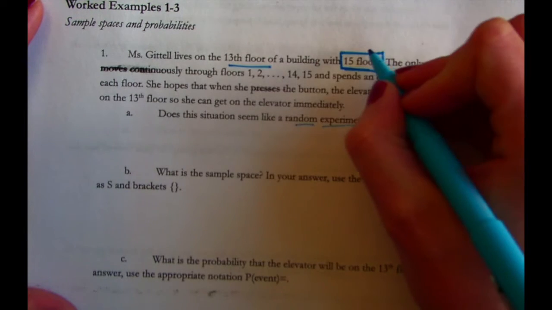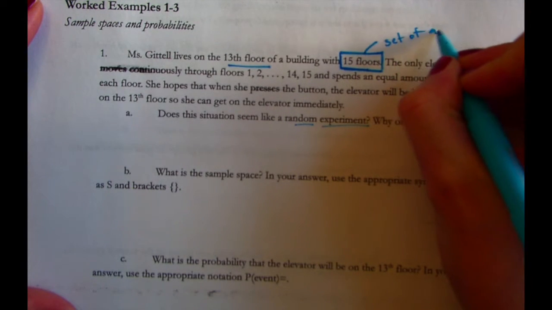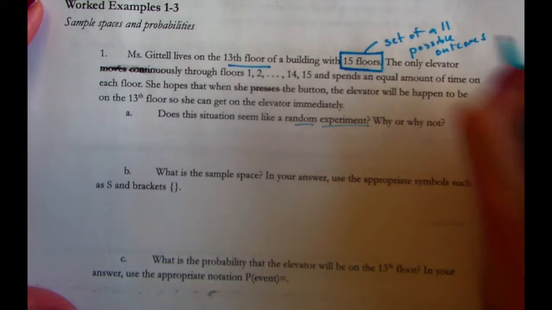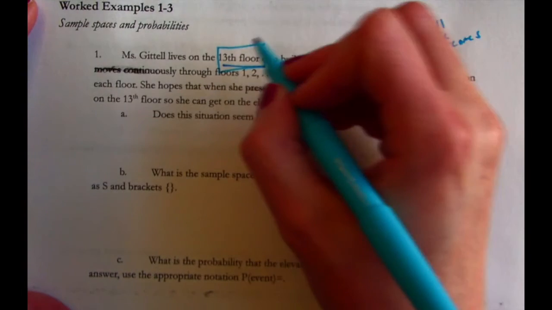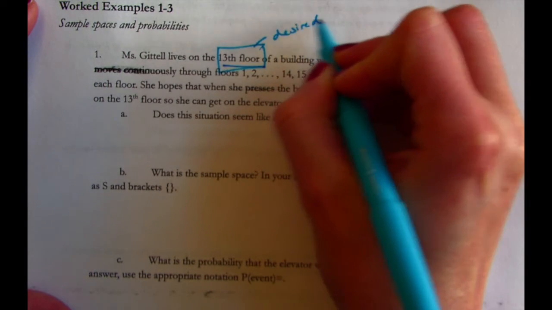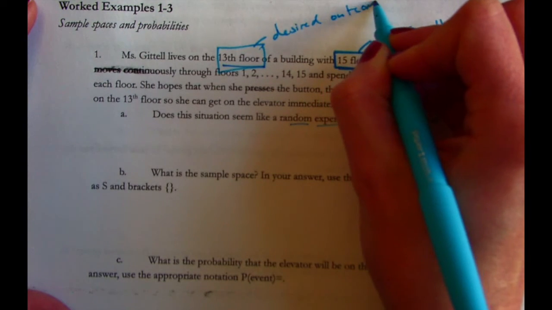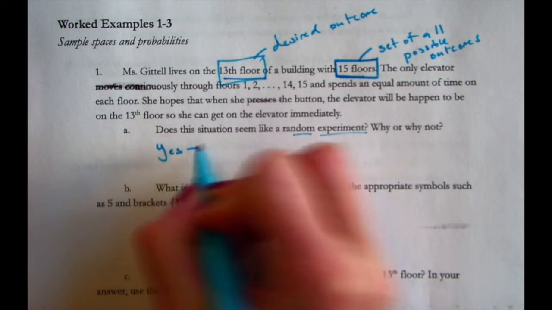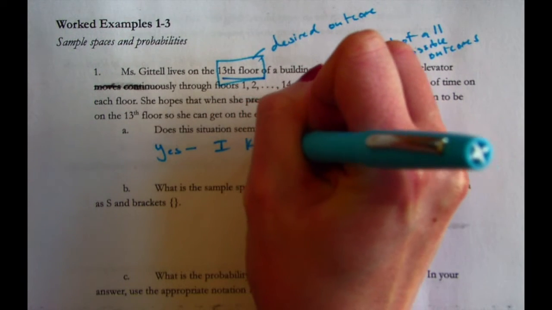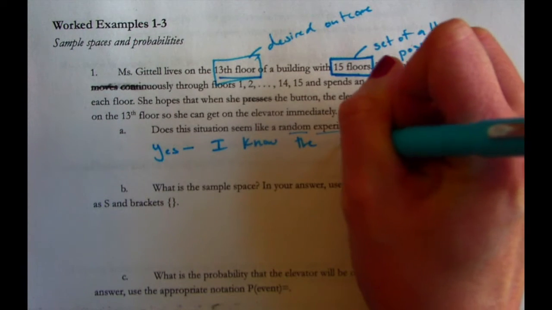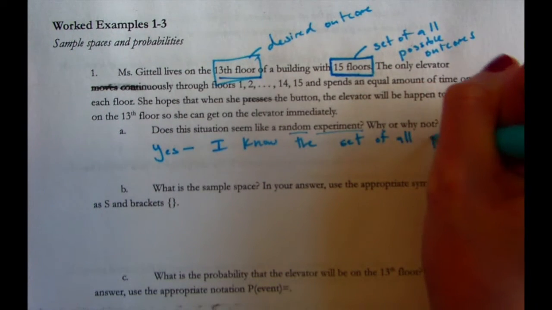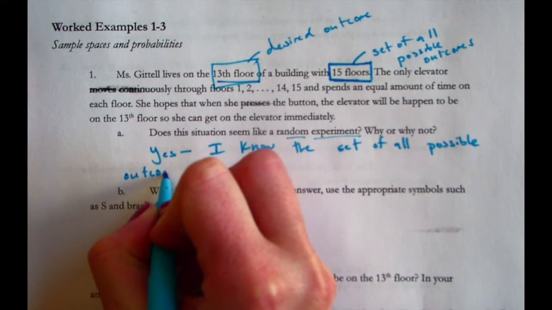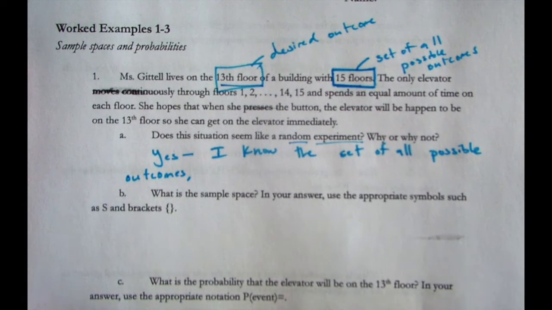So I'm going to say that this is the set of all possible outcomes, and then what I desire is for it to be on this particular floor. So I'm just going to label this as my desired outcome. So yes, I know the set of all possible outcomes, yet there's still an element of uncertainty within that.